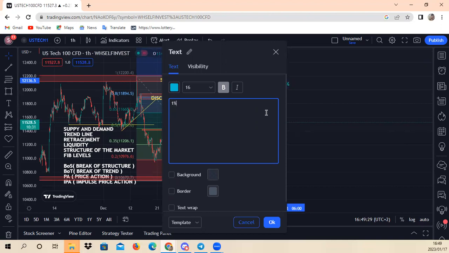It goes from the 1%, then it will move to the 0.65%. You see, so after we have that, we will start to get a retracement, which is the first retracement.